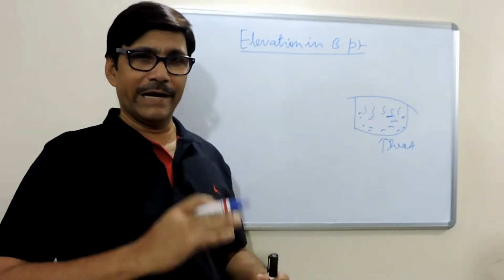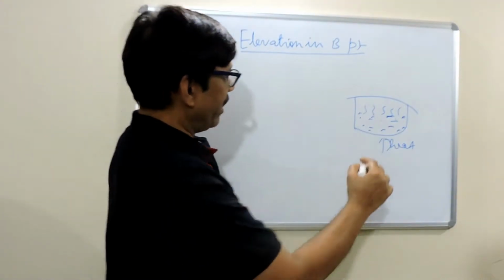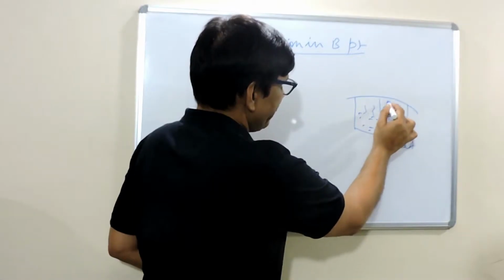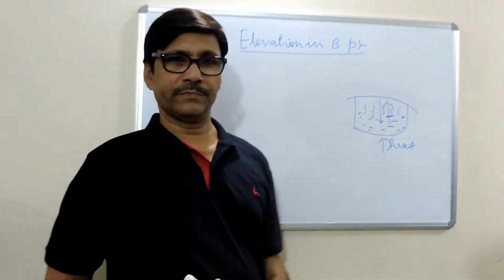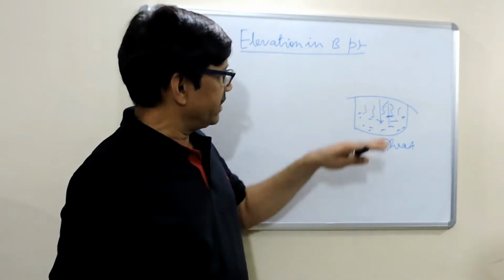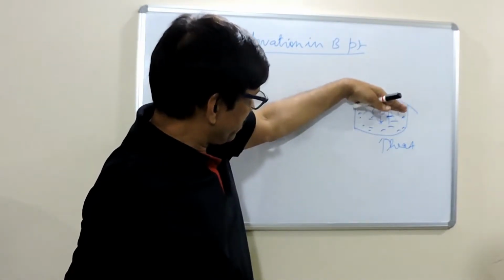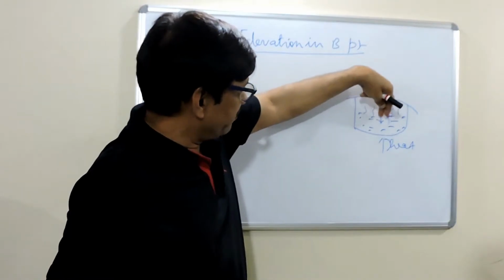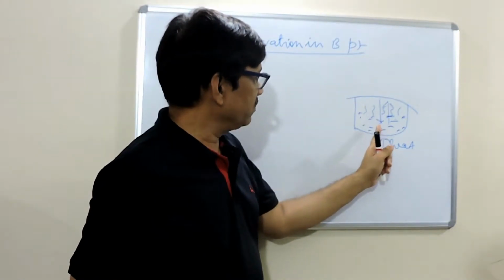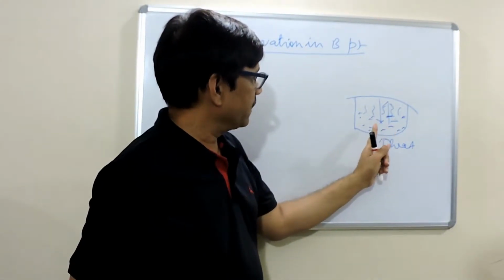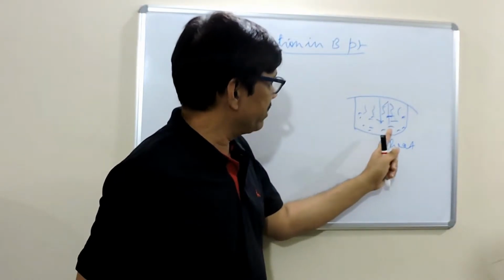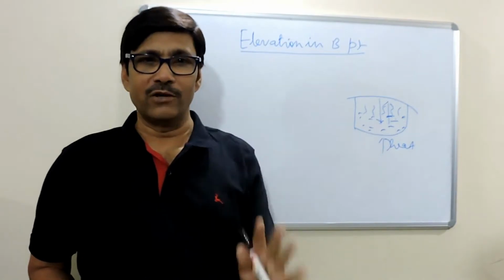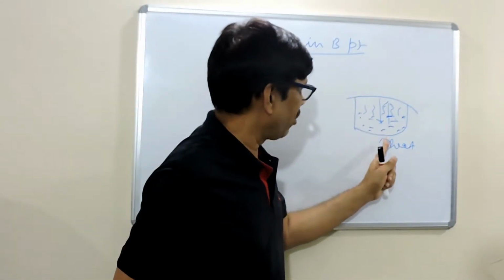And a time will come when these two pressures will be in equilibrium. When this external pressure, that is pressure acting on the surface of the liquid, becomes equal to the pressure by which the liquid is passing into vapor phase, then the liquid will boil.